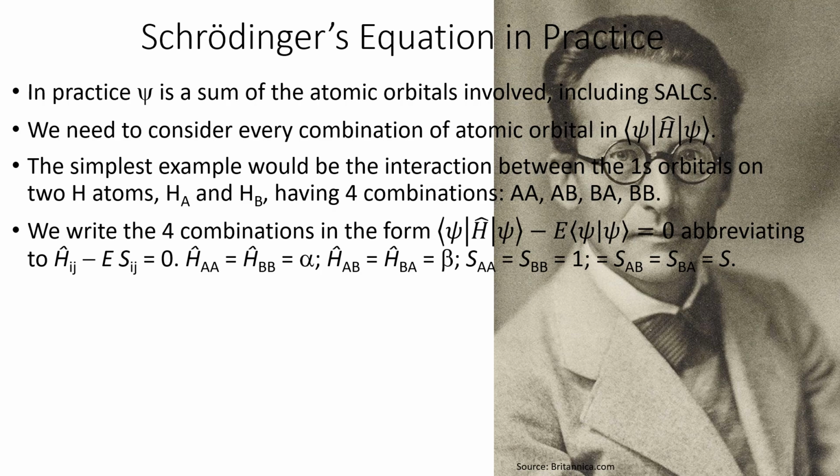And so we're going to slightly rearrange the Schrodinger equation now. So rather than H psi equals E psi, we'll write H psi minus E psi equals 0. It'll be mathematically useful to do it that way. And in fact we're going to abbreviate it where the different orbital components of the wave function are going to be in these kind of subscripts. So you can see I've got H hat ij minus E S ij equals 0.